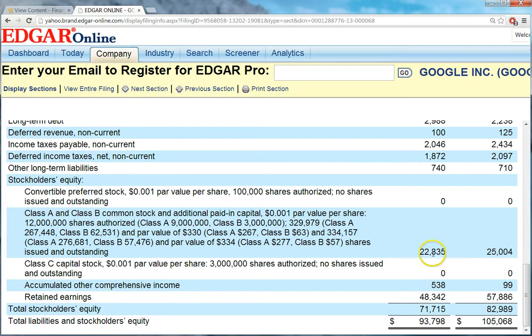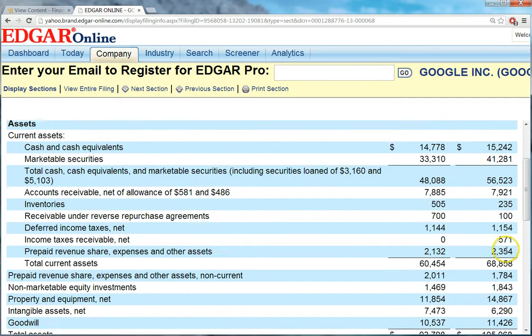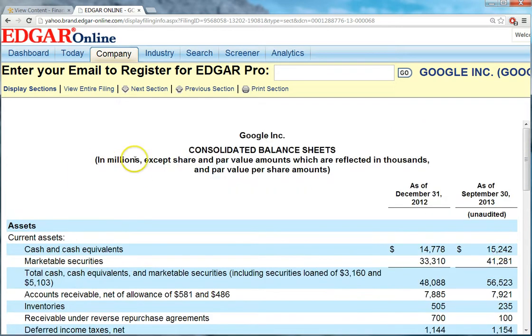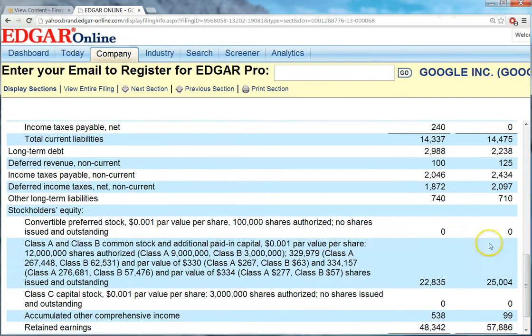But for right now, we can see that the dollar value of the investment in Google from its owners is just over $25 billion. I think everything is in millions, except share and par value amounts, which are in thousands. Okay, so that changes the scale a little bit.